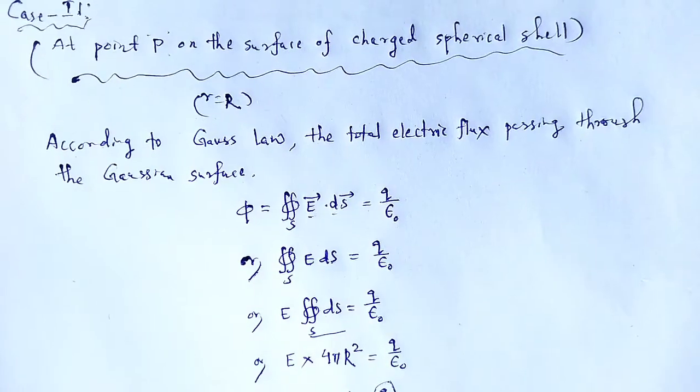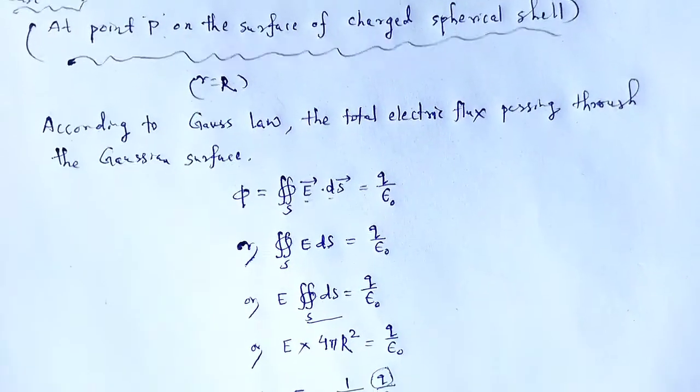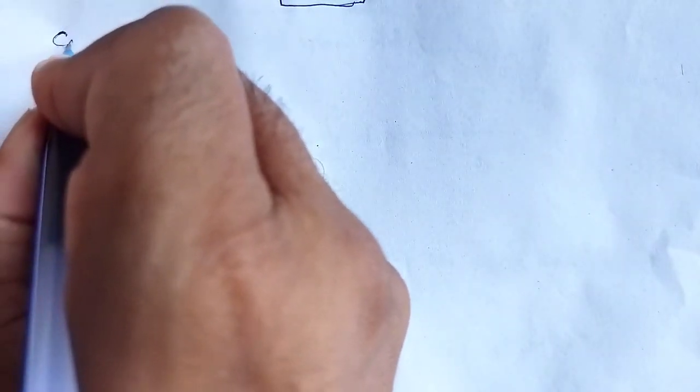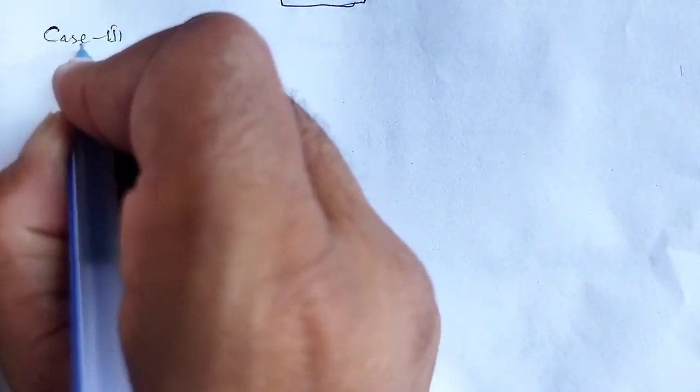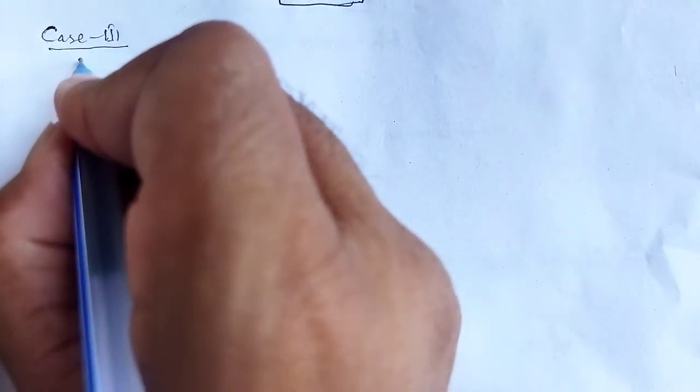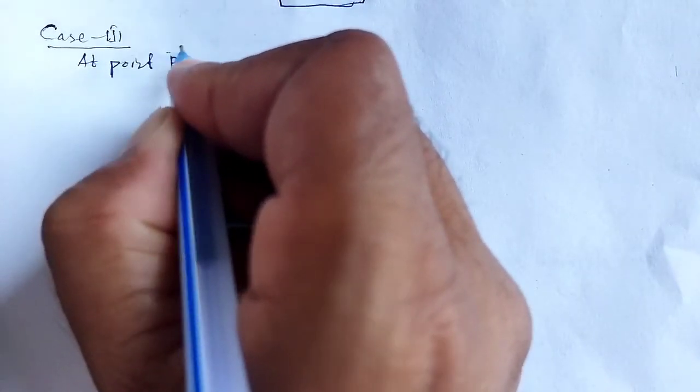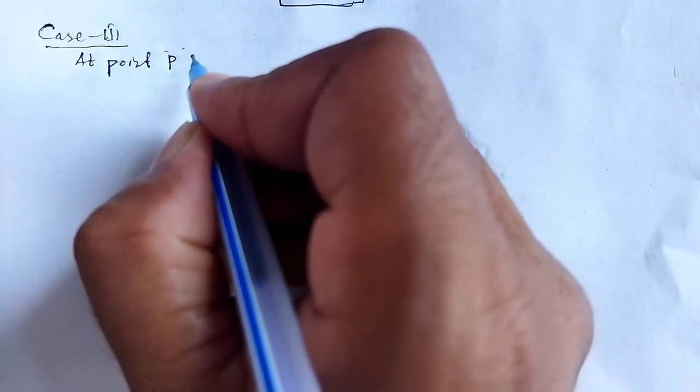Next, case number 3, when that point lies inside that charged sphere, then what happens? Case number 3, at point P inside the charged spherical shell.